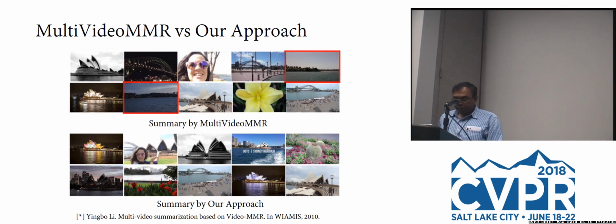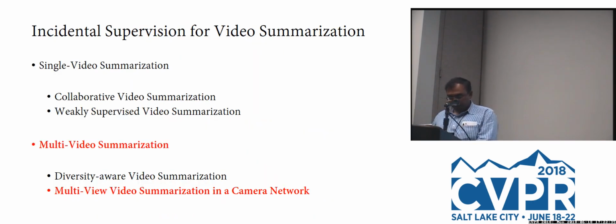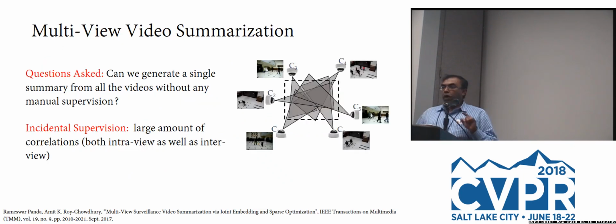Okay. Finally, I want to get to the part on the camera network. There are just a couple of minutes left. So what does this mean? What does summarization mean when you have a network of cameras like this? And here the question is, can we obtain a summary not just from a single camera, but from this network of cameras?